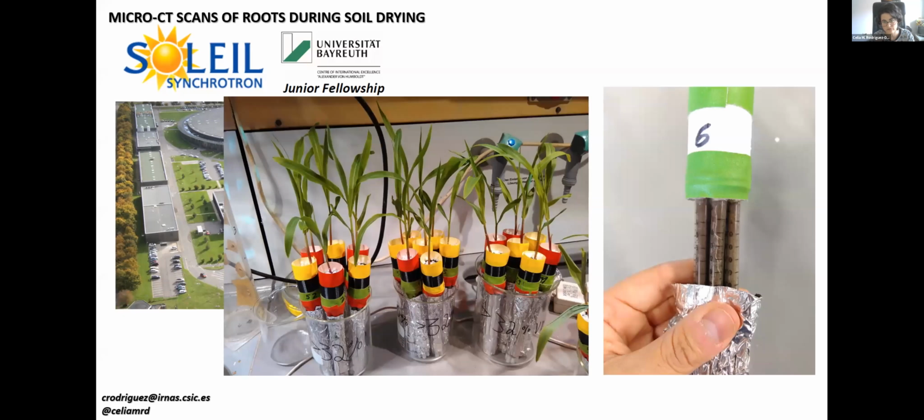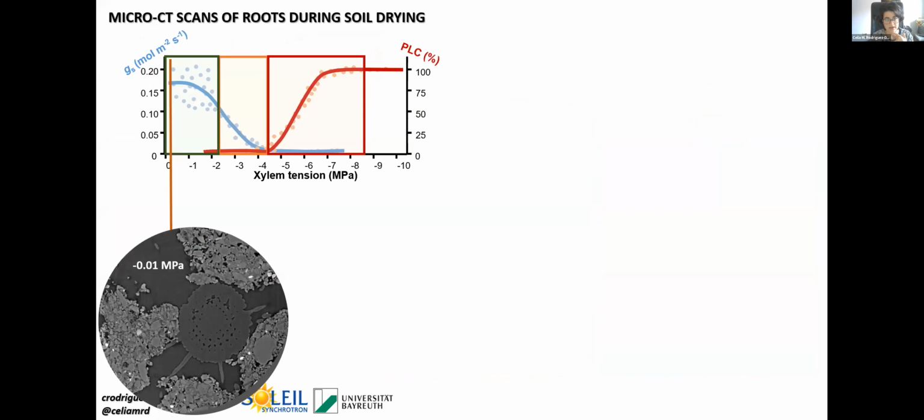In this case, we used maize seedlings that were grown in 3D printed pots with these syringe barrels, which facilitates the microCT scans where the root grew. And now with these high quality images, we can add them to our graphical representation of plant response to drought.